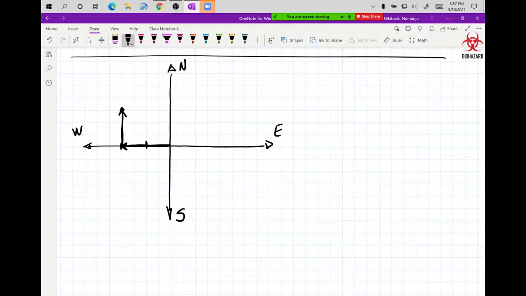So you were running exactly west, and then you turned 90 degrees and you went north. So the question is, what's the bearing from your house to you? Okay. Well, you know that this is 2. You know this is 1.5.